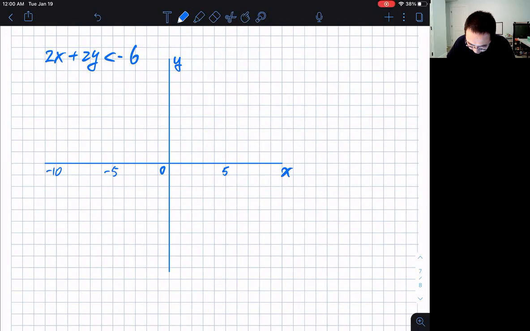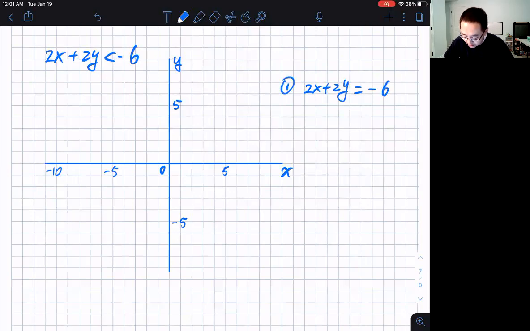Similarly, 1, 2, 3, 4, 5 and -1, -2, -3, -4, -5 on y. So it gives you an idea of the scales here. The first step is to draw the line as the equation 2x plus 2y equals -6.